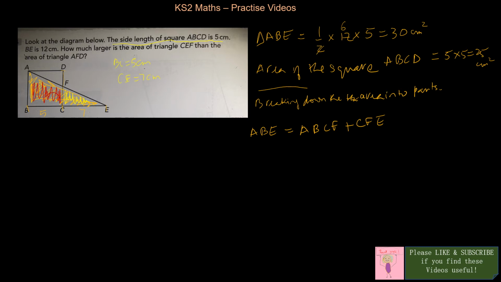And the square, which is ABCD, equals the same part, ABCF, plus this part, ADF.